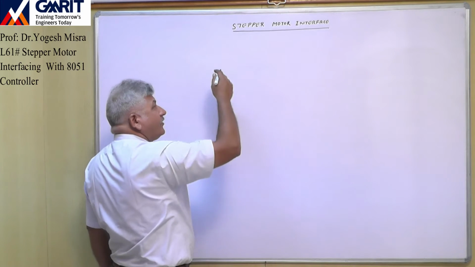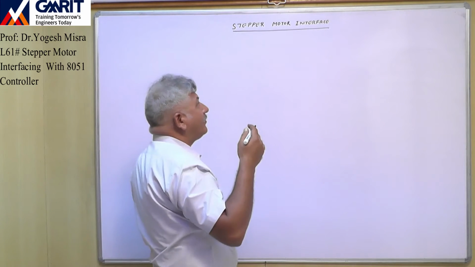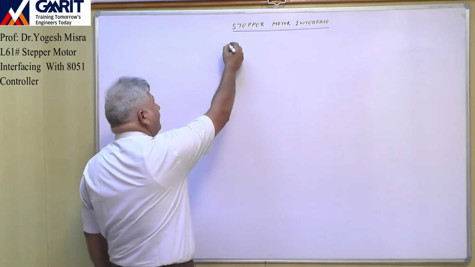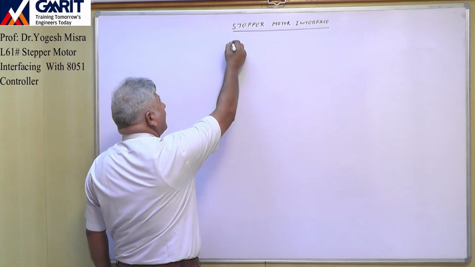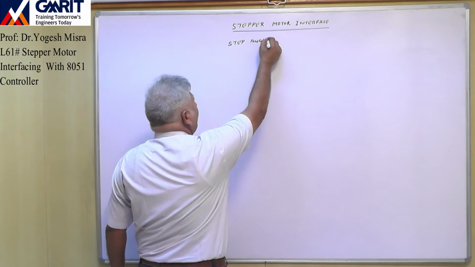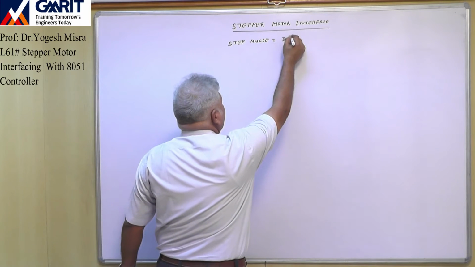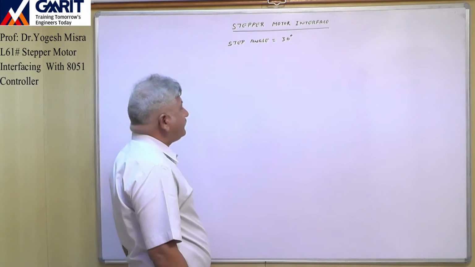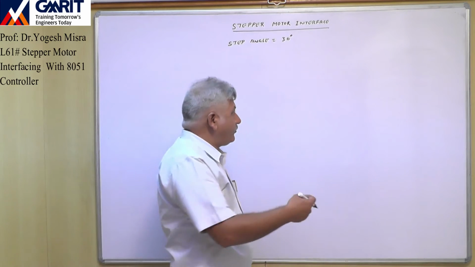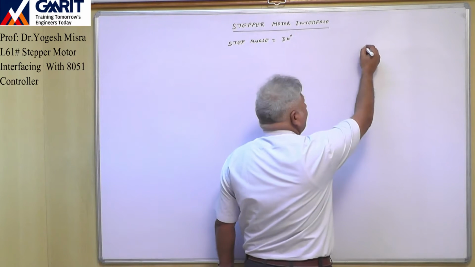Suppose, with reference to one stepper motor with a step angle of 30 degree, we will discuss now. Step angle is 30 degree. Now let us assume we will use the 4-step sequence.